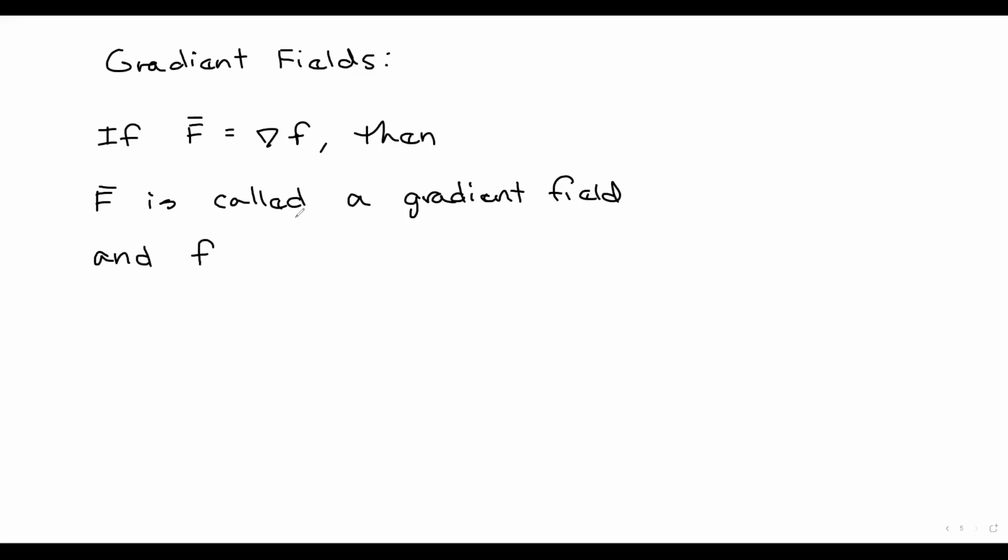And the lowercase f, the function that you took the gradient of to get your vector field, is called the potential function.